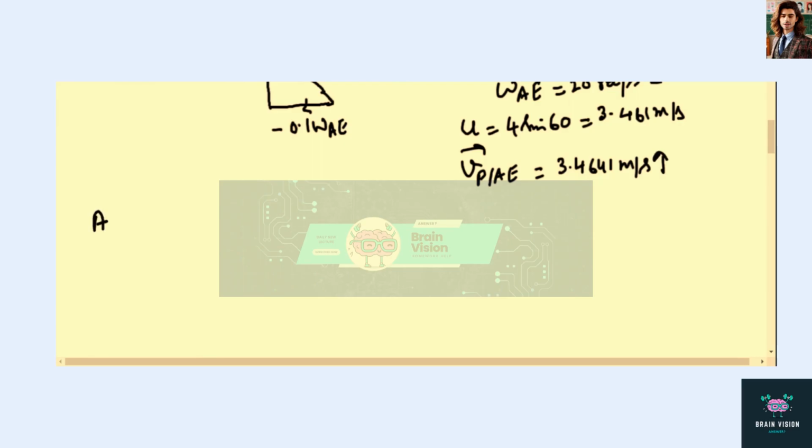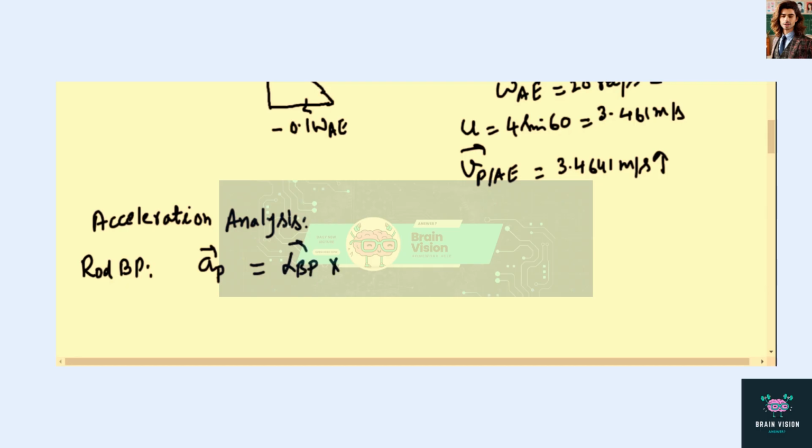Now we will do acceleration analysis. Rod BP. Acceleration of P can be defined as the cross product of angular acceleration and position vector, and omega square BP times RPB vector.